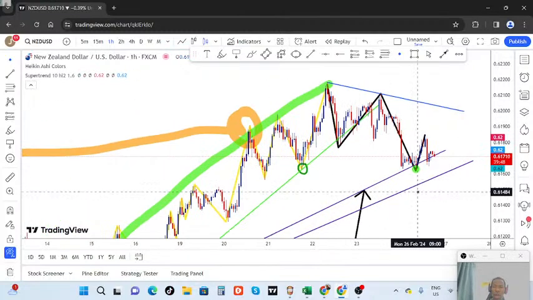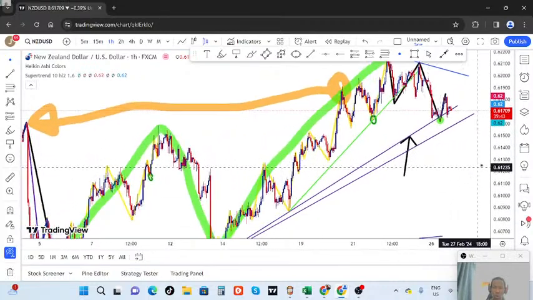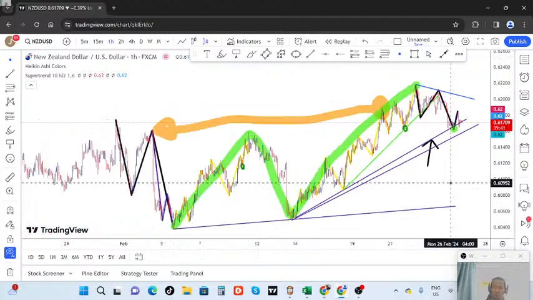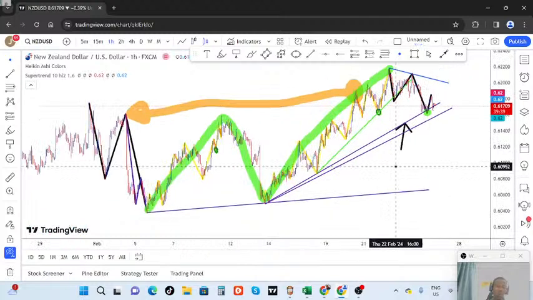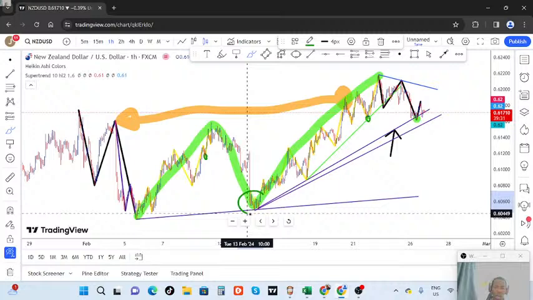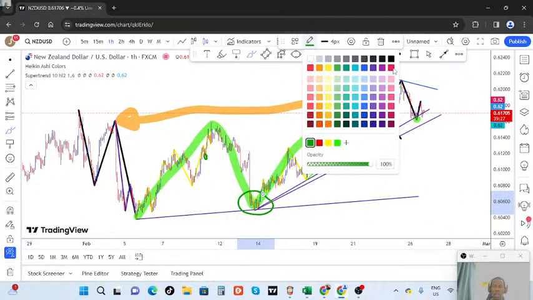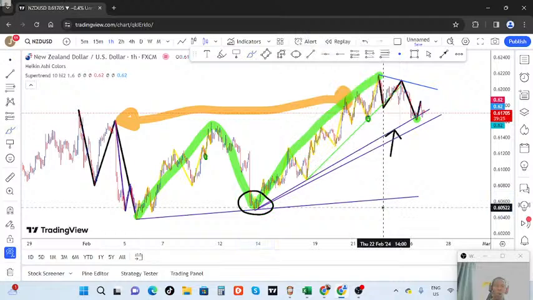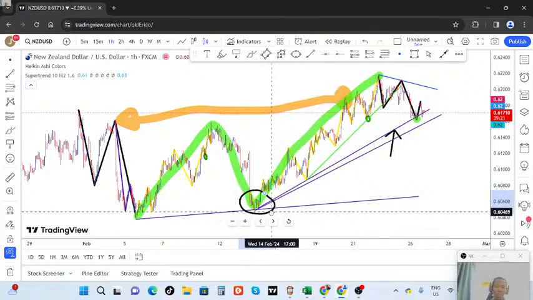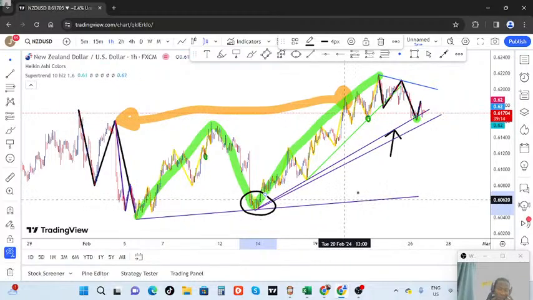All right, now when would the market structure be broken on the 1 hour chart? When would the market structure be broken on the 1 hour chart? The market structure is going to be broken only when this low right here is taken out. Yes, only when this low is taken out on the 1 hour chart, that is when this up market structure we are looking at right now is going to change.